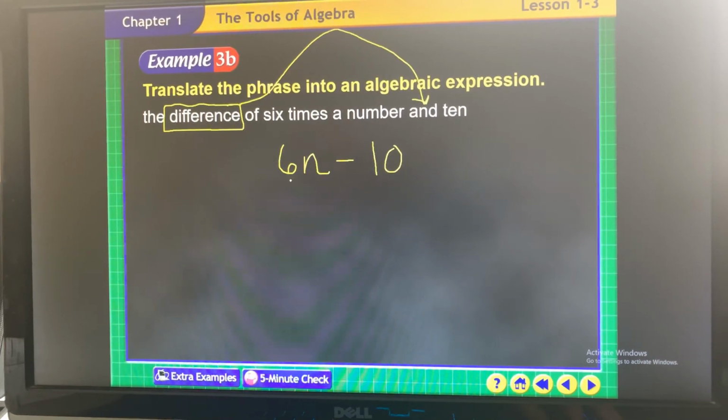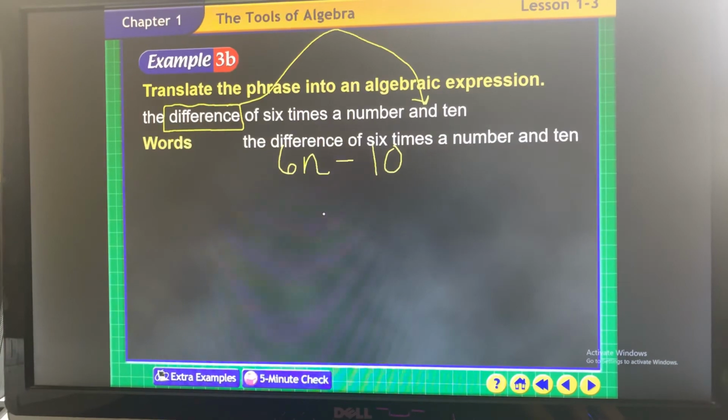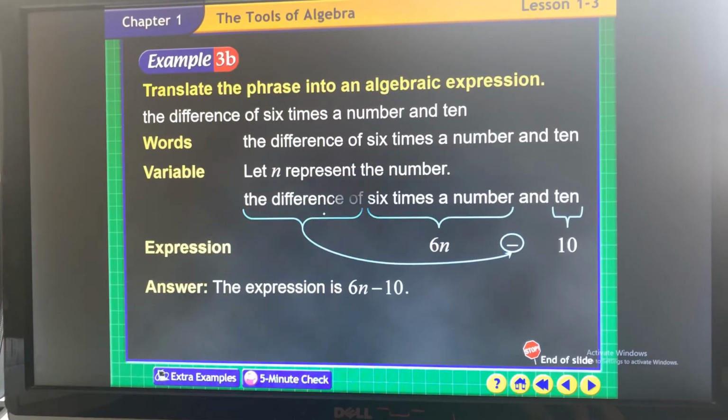You don't even need to say it when you read this. This is 6n minus 10. You don't need to say 6 times n because it is assumed if you put a number next to a variable, which is called a coefficient, it's just a multiplication problem. That's known in math.